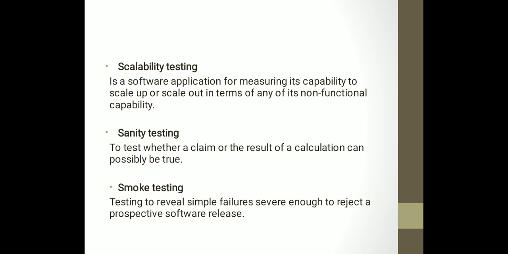Sanity testing: the maximum calculation or the possibility that the result can be true has to be checked. Finally, smoke testing. The tester reveals simple failures that cause the software app to be rejected. If a particular small failure is the reason we reject the software for launch, that is called smoke testing.